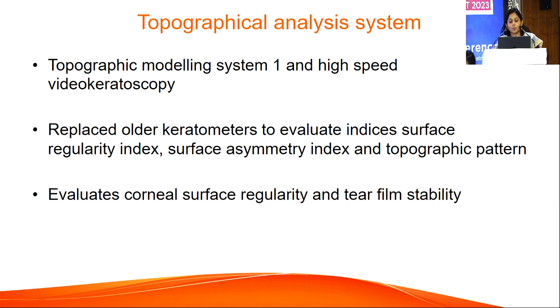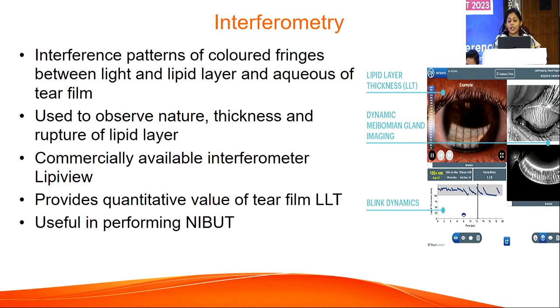Now recently the topographical systems or video keratoscopy are being used to evaluate the surface asymmetry and provide a good evaluation of corneal surface regularity and tear film stability as well.